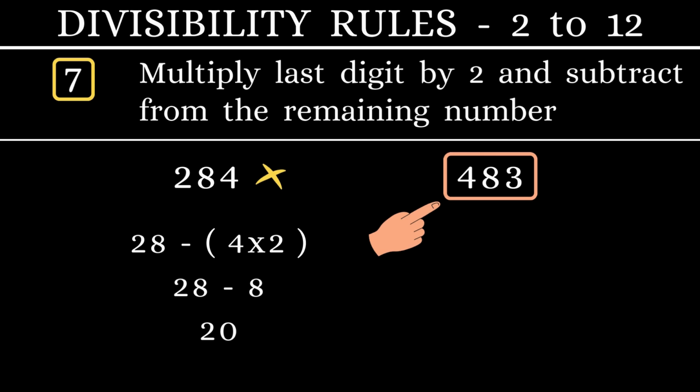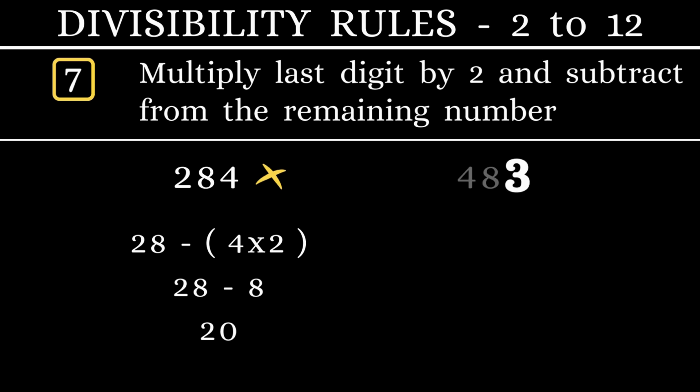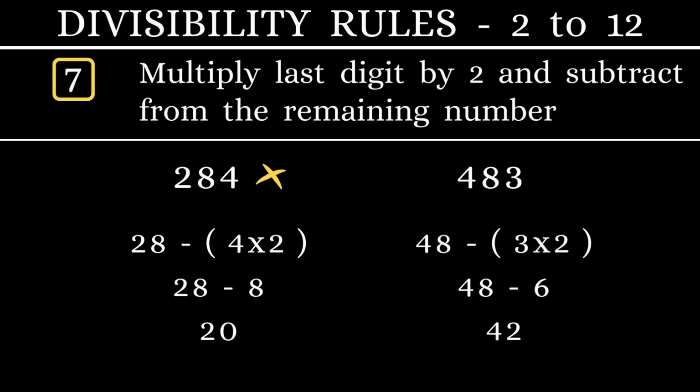483. We'll multiply the last digit 3 with 2 and subtract it from the remaining digits 48. 48 minus 6 is 42. 42 is a multiple of 7.